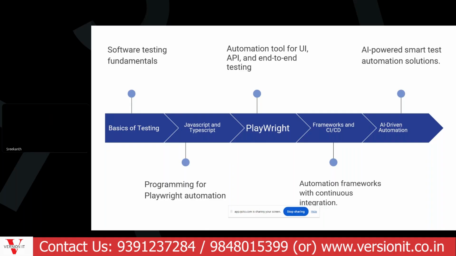Yes, 5 or 6 years back, we had a different API testing team, or a different UI testing team, or a different database testing team. But right now, when you call someone a tester, you have to test UI, you have to test API, and whenever it comes to usability or compatibility testing, anything has to be tested by the single tester itself. So that's why we'll cover API also, and the end-to-end testing.